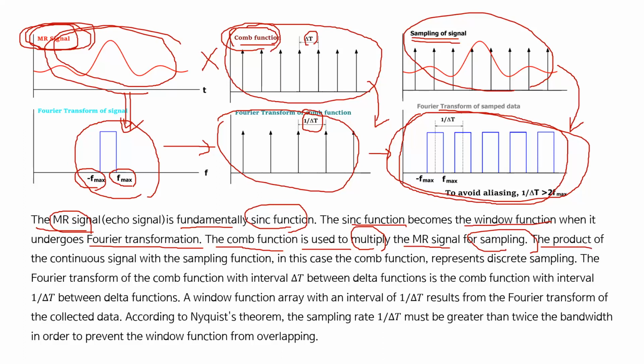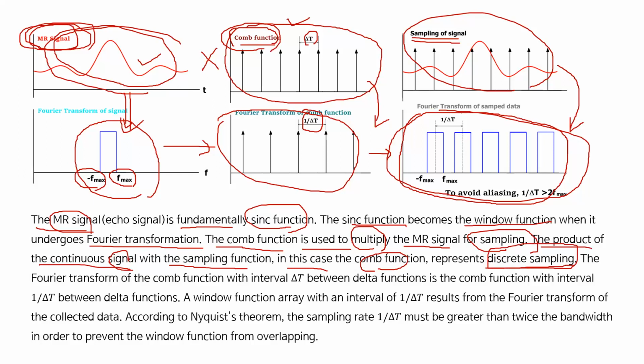The product of the continuous signal with the sampling function, in this case the comb function, represents discrete sampling.